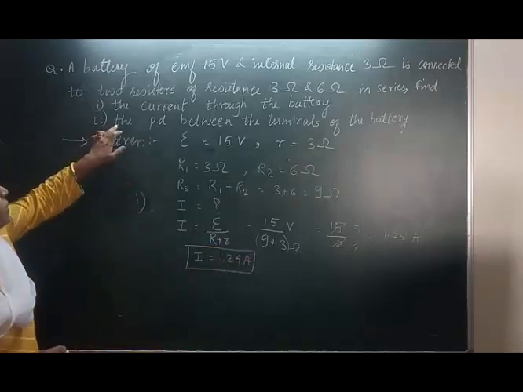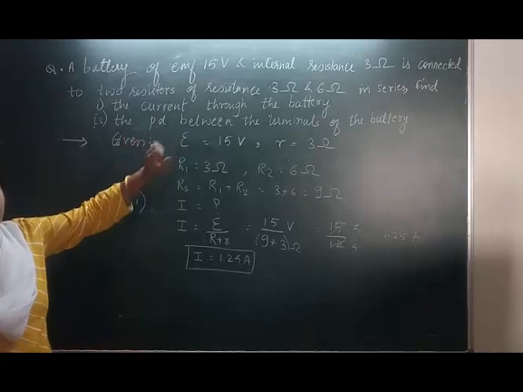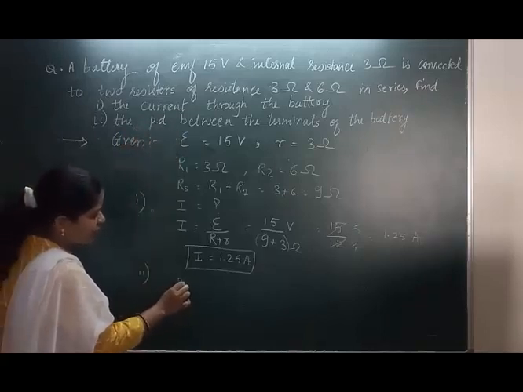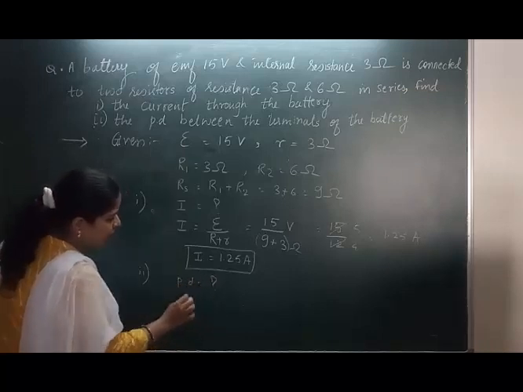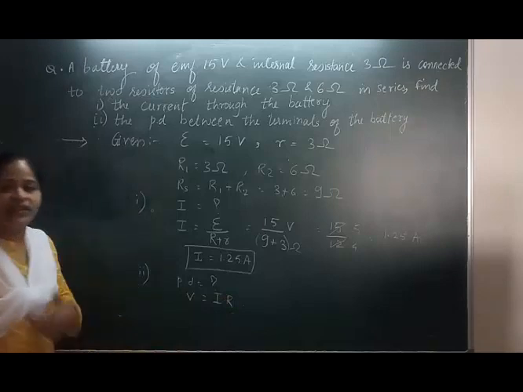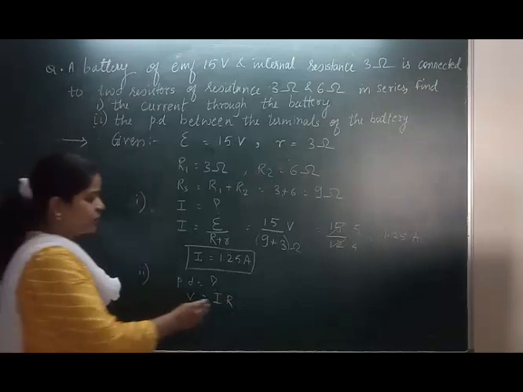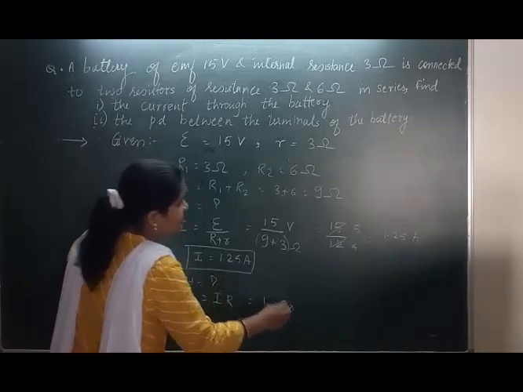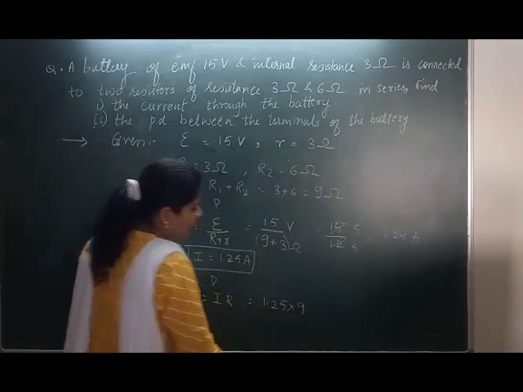Next, second, we are going to find out the PD, that is the potential difference. V is equal to IR. The current flowing through the circuit we have calculated as 1.25, and the resistance is 9.